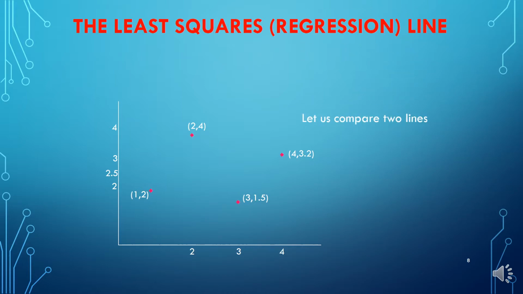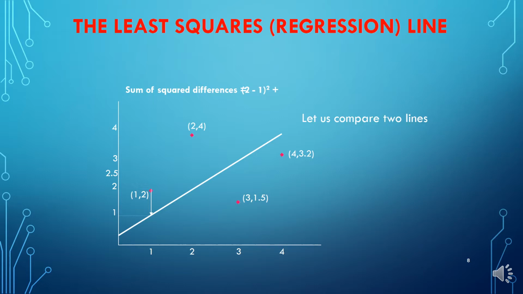So let us draw 2 lines and compare the 2 lines in terms of the error. There is one line. So the first example is 1, 2. That is the first training example, and we project it to the line which we have proposed, the proposed model. When we project it, the point cuts at 1, 1.